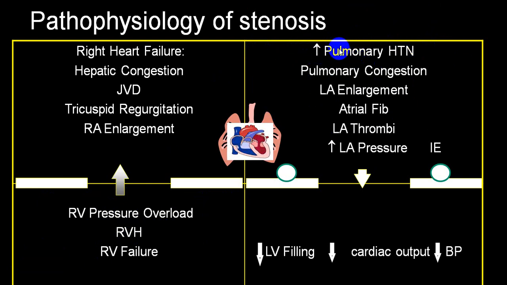So this will produce right ventricular pressure overload, which will undergo overwork, right ventricular hypertrophy, right ventricular pressure elevation, right atrial pressure elevation, right atrial enlargement, and the right ventricle will not be able to compensate, and you will start getting what we call right ventricular failure.